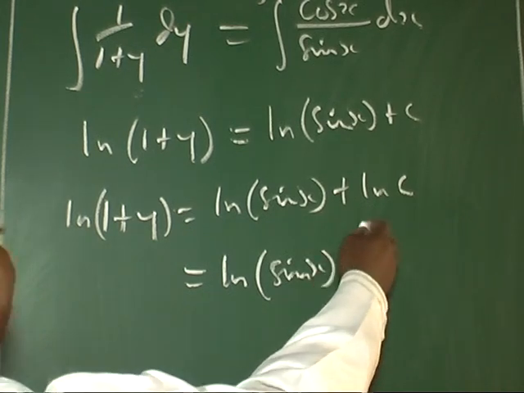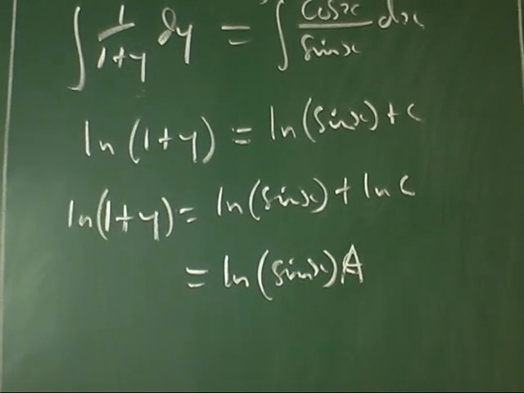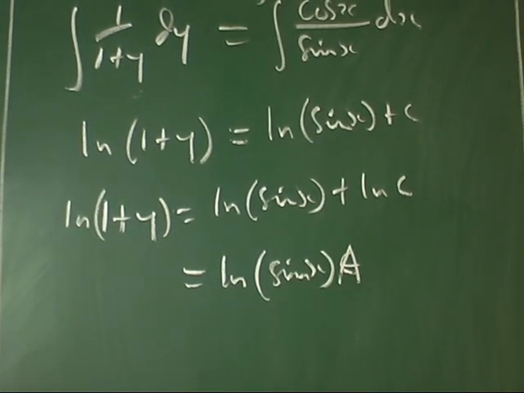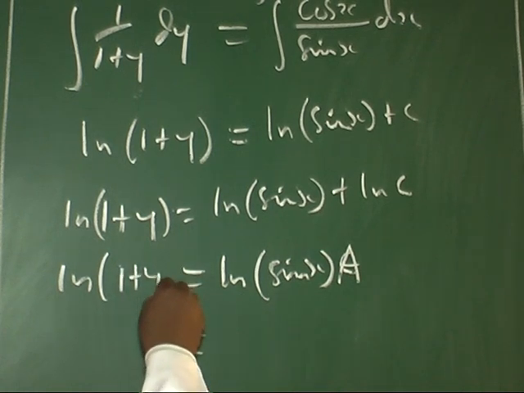Which, if I can write this as any constant a, if a can represent this, so I will have it in this form, which means ln 1 plus y is equal to this.